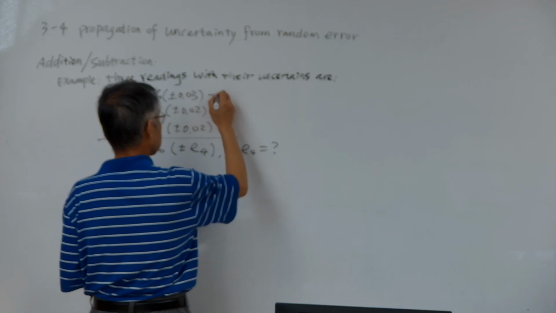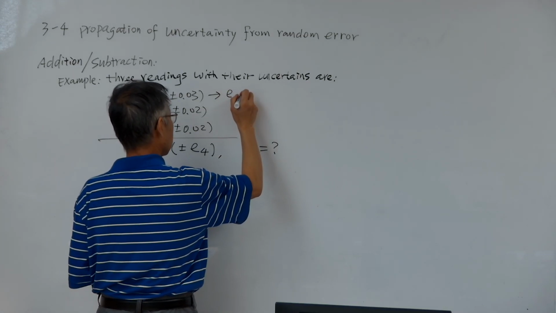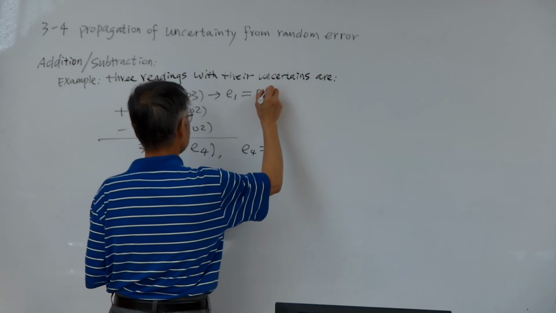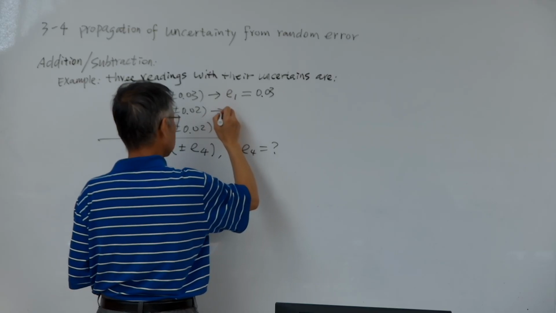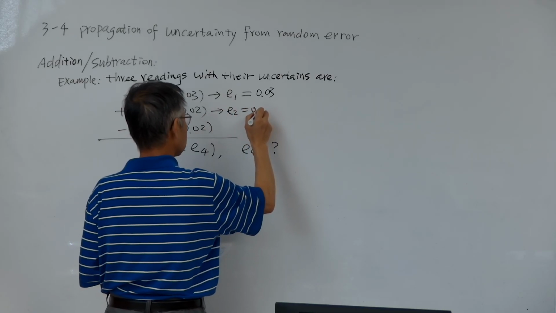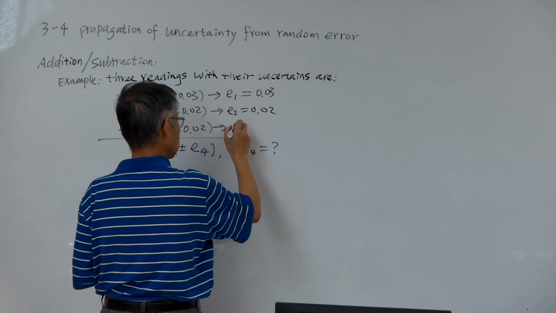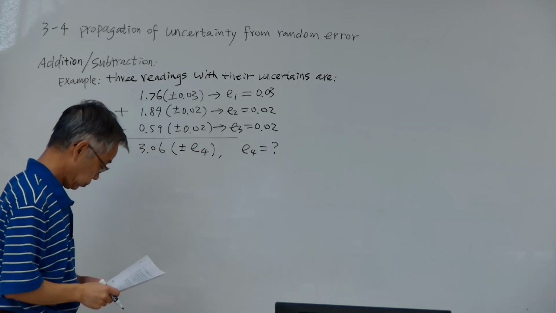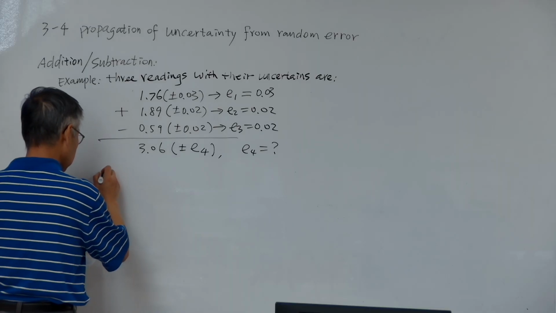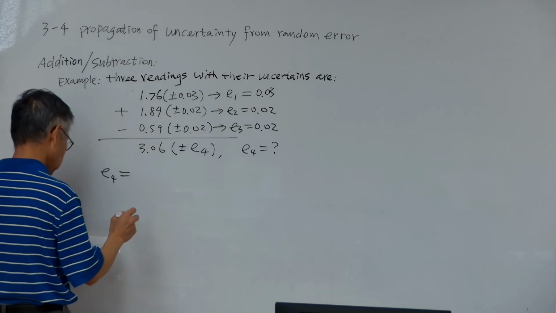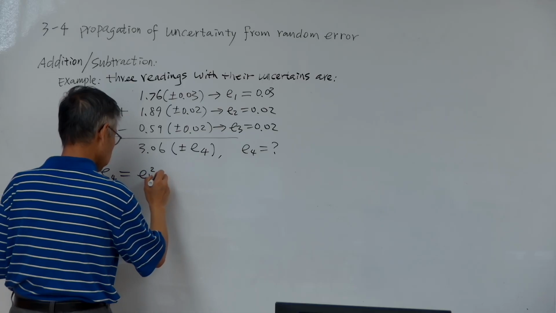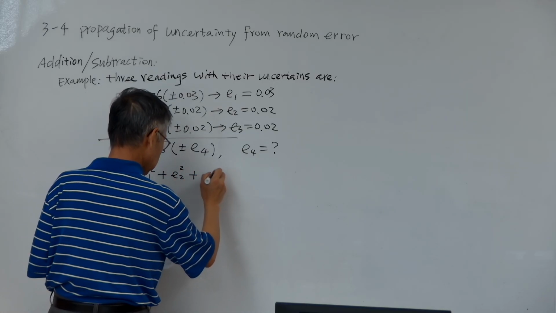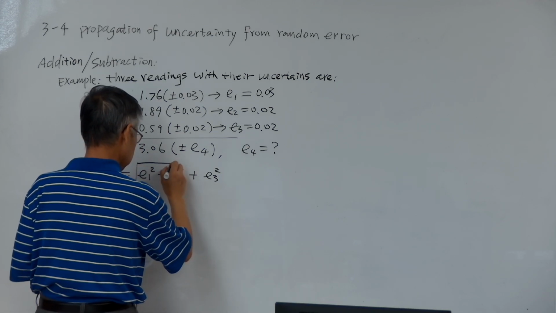Let's label these as E1, which is 0.03, E2 0.02, E3 0.02. Then E4 equals the square root of E1 squared plus E2 squared plus E3 squared.